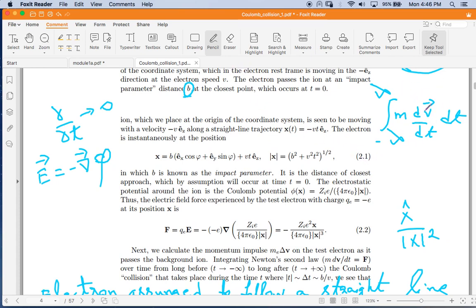M dv/dt, this entire thing is nothing but F, right? So what you're doing is you're doing this. That's what you're doing, and you know what the F is. F is due to right here. This is F. So you plug it in.